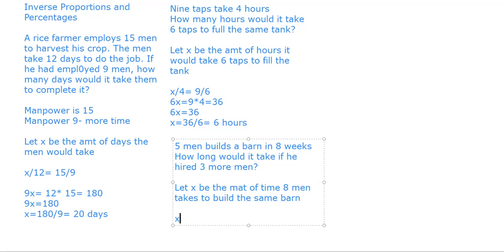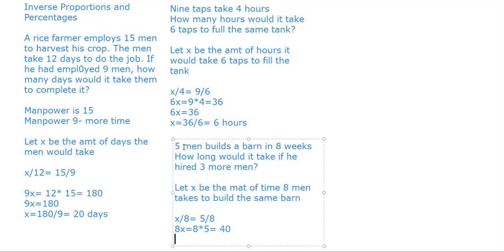So we put X. What are we looking for? Time. And how long did the 5 men take? 8 weeks. And now we're putting the 5 men over the 8 men because it's 8 men they are hiring. Cross multiply. 8x is equal to 8 by 5, which is equal to 40.